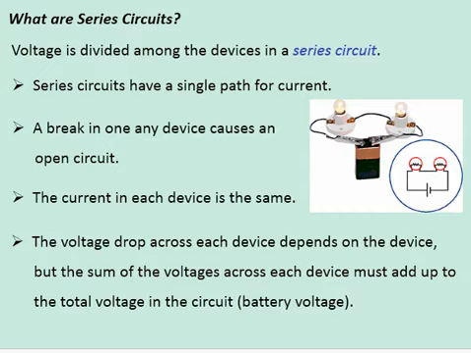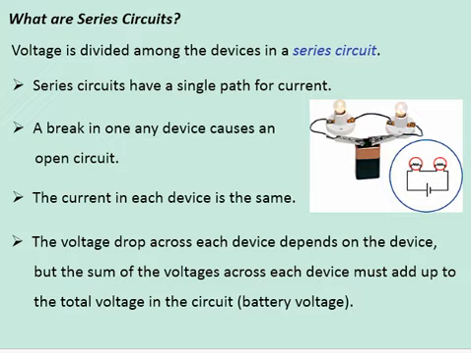So let's look first at series circuits. The rule of thumb to remember with a series circuit is that the battery wants to give up all its energy. And when we talked in class and did problems with Ohm's law so far, we've been saying that if there's just one device in the circuit, all the voltage from that one battery is dropped across the one device in the circuit.